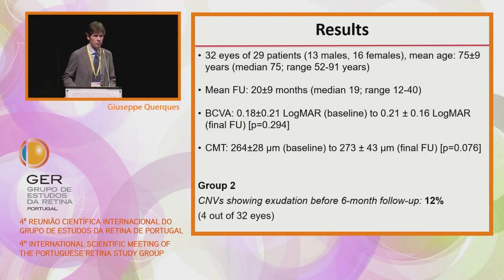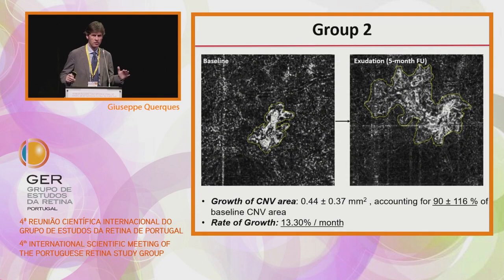This is group 2, the group showing exudation before 6 months, so it cannot be defined as quiescent. You can nicely see how, over 5 months, from the time of detection to 5 months later, there is a dramatic growth of this neovascularization, and this is the time when exudation was detected.